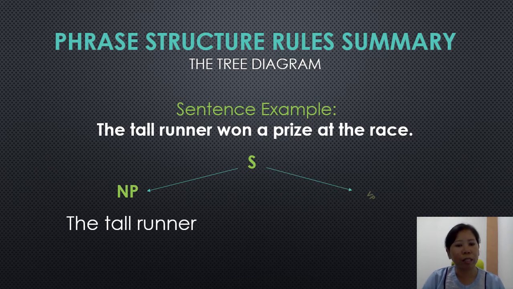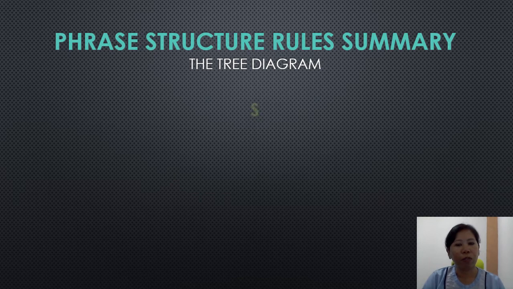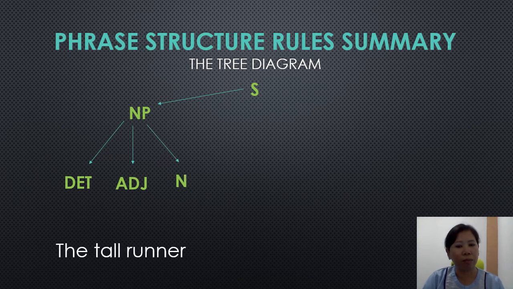The noun phrase is the tall runner, and the verb phrase is won a prize at the race. If we take a look at the noun phrase in this sentence, it has a determiner, an adjective, and a noun. The determiner is the, the adjective is tall, and the noun is runner.